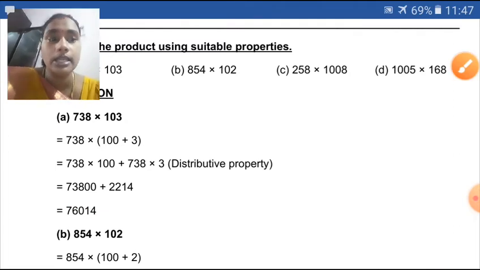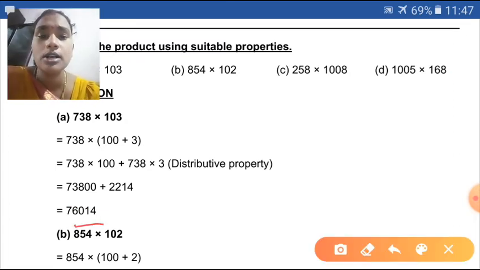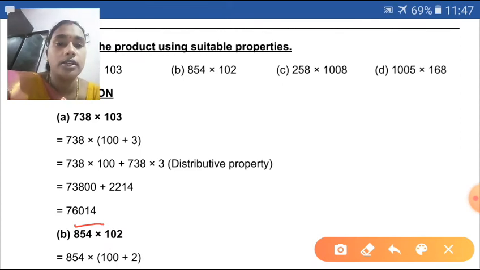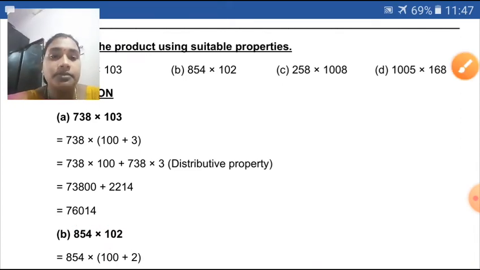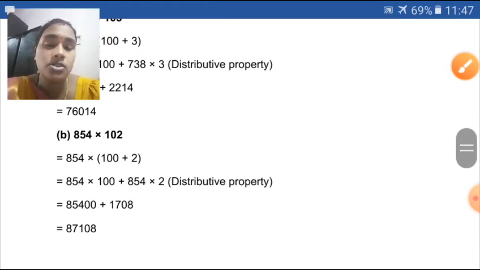Now the answer will be 76,014. Okay children.